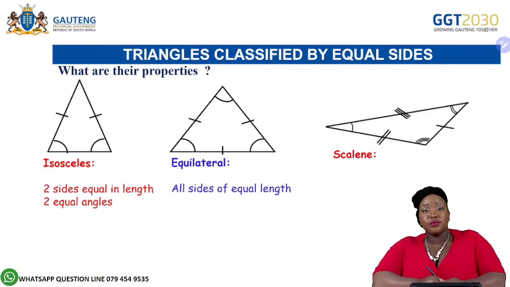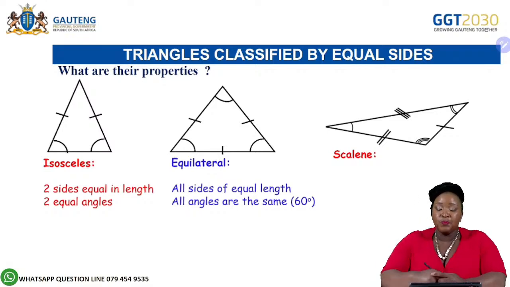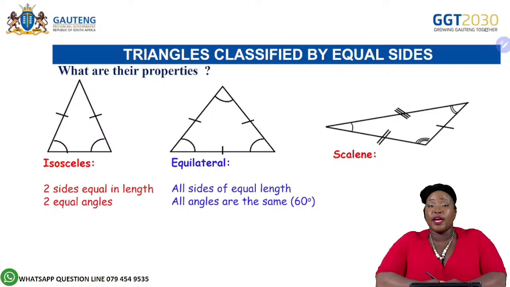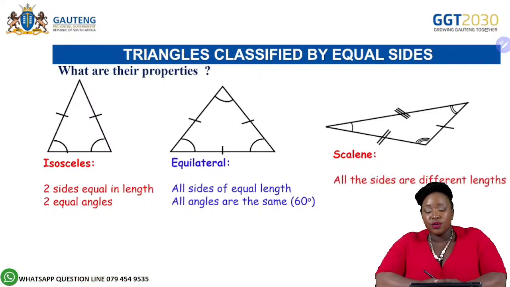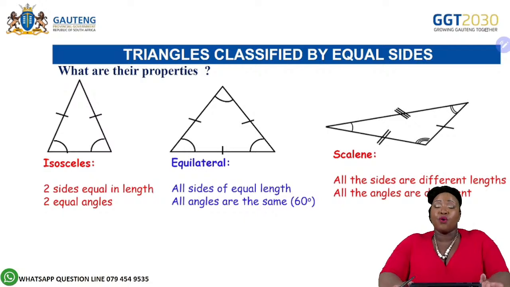And the angles will also all be the same size. They'll all be equal to 60 degrees. Then we have a scalene triangle. If you notice here, the sides have different lengths and also the angles have different sizes, right? So this is basically what you should know about your triangles.